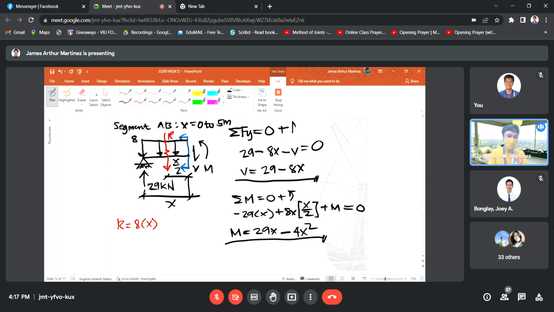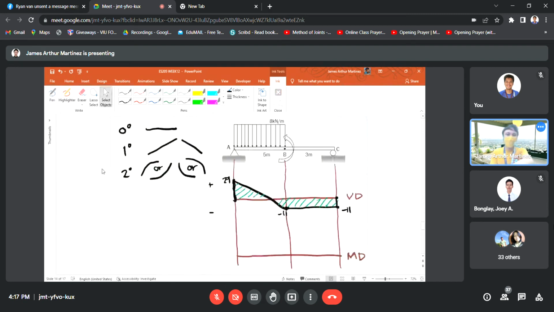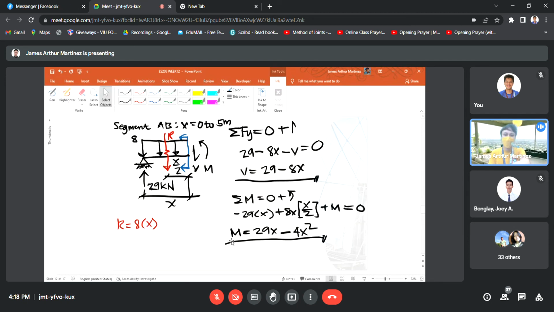So what values of x ang atong i-substitute here? So again, if i-plot na to at point A, so asa nakalocate na ato ang moment at point A, so ato lang i-substitute, value of x is equal to 0. Kay in terms of distance, point A is x equal to 0, di ba?